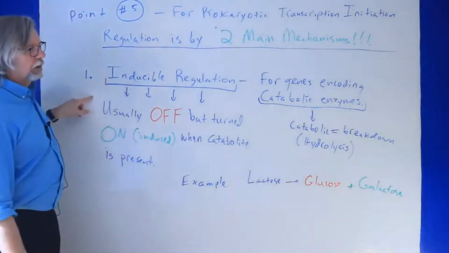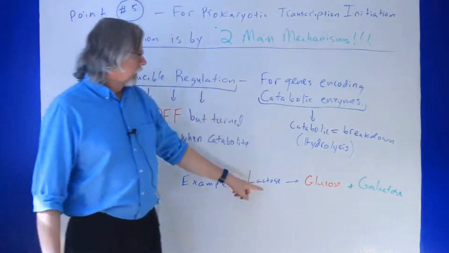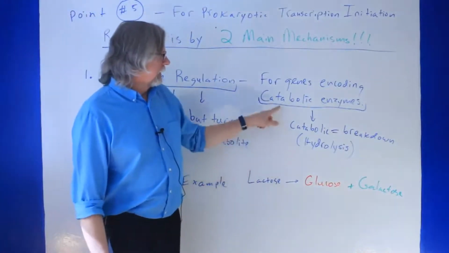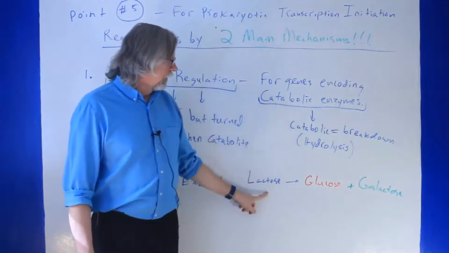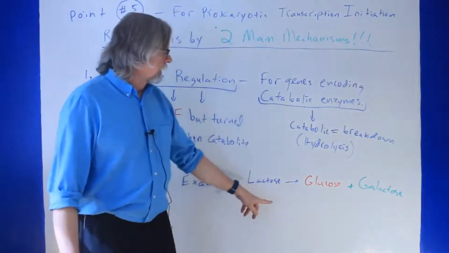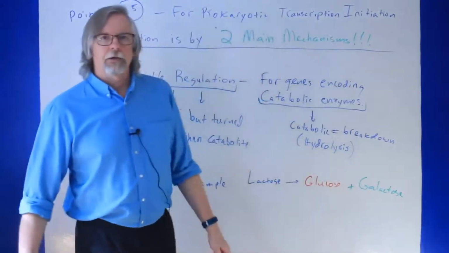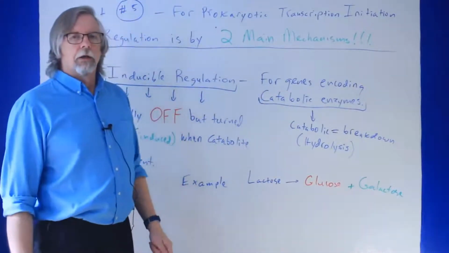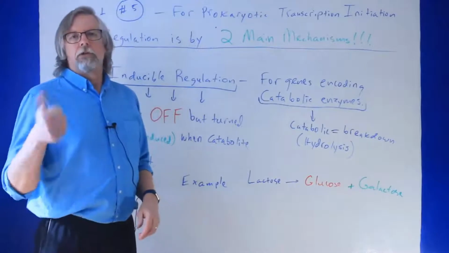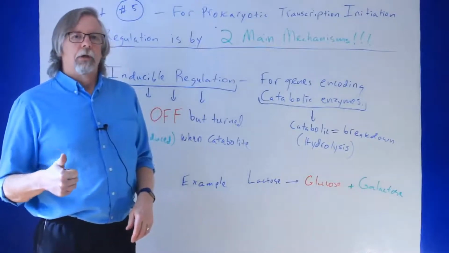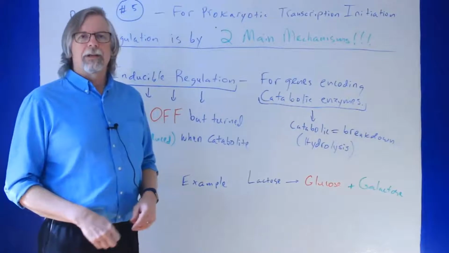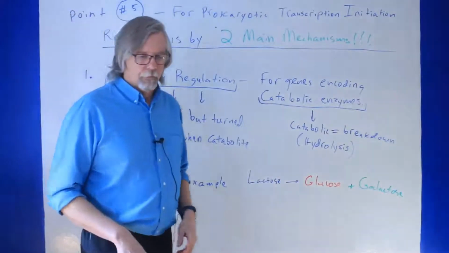It induces that gene to express that enzyme when lactose is present. And that catabolic enzyme has the function of breaking lactose down to its component monosaccharides, galactose and glucose, okay? So that is inducible regulation for genes encoding catabolic enzymes.